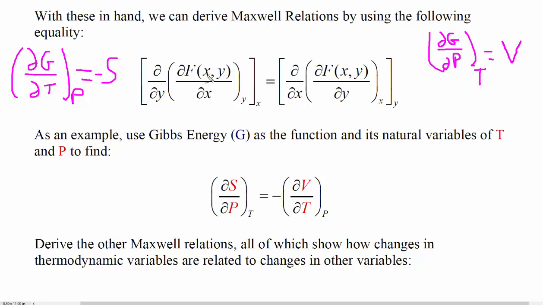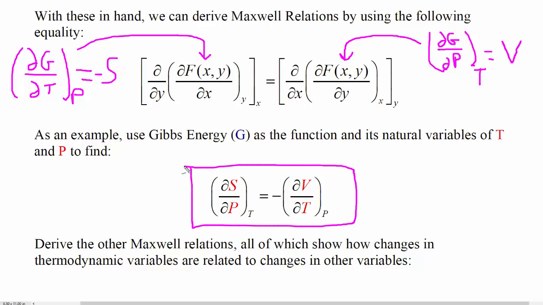T and P are our two variables that are shown as X and Y here. If we put in the partial derivative of G with respect to T in here, that's like putting in there minus S. And we're going to put this one in here, and that will be V. And we're left with this as the result.